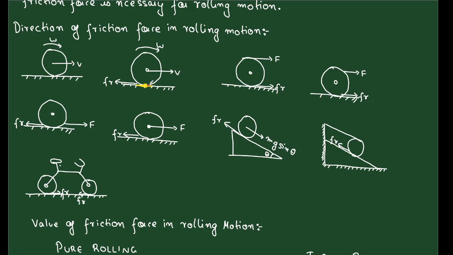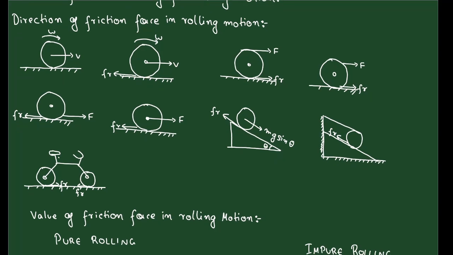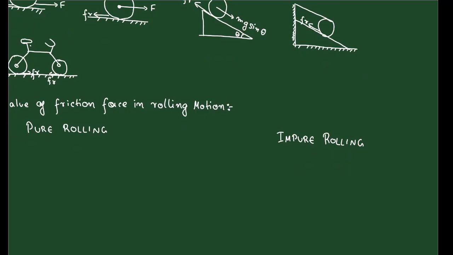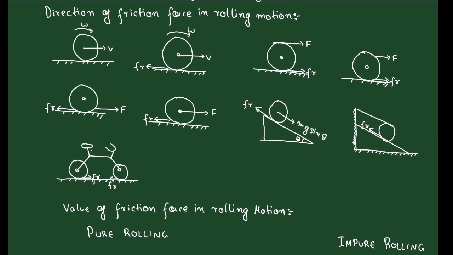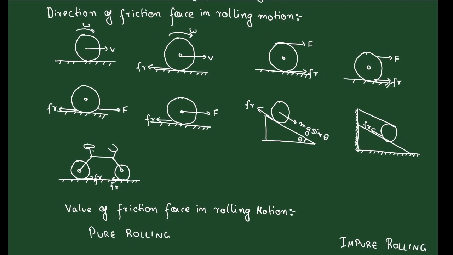If this surface is slipping, that is a case of impure rolling. And if this surface is not slipping, that is a case of pure rolling.